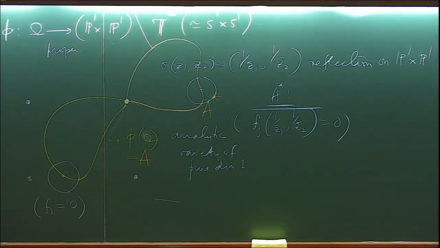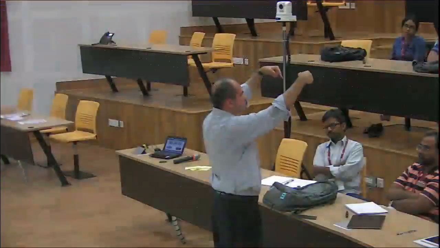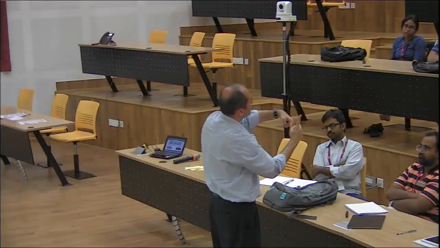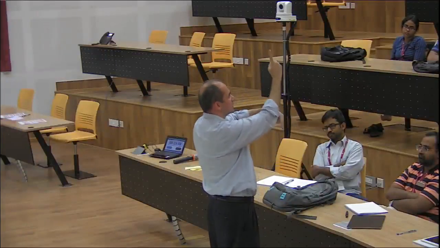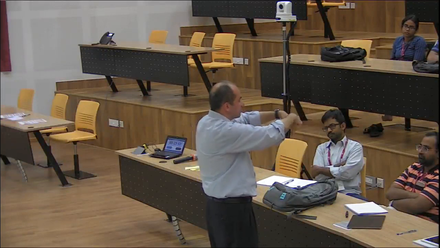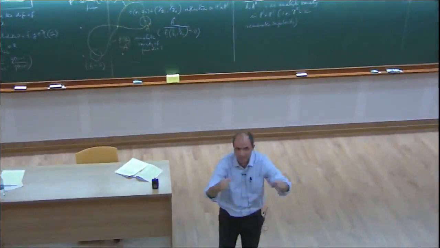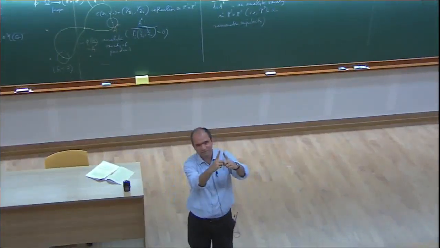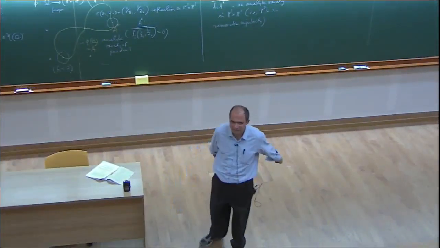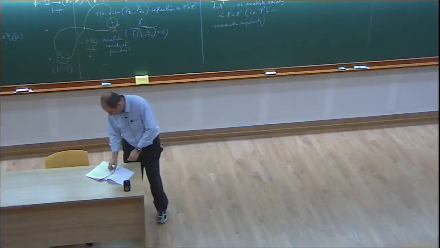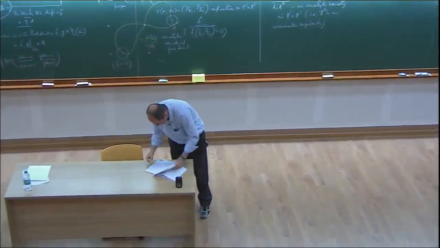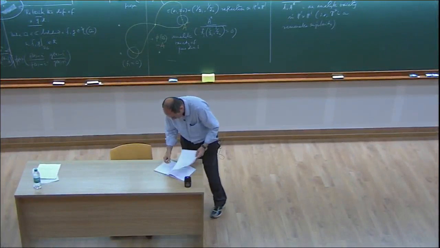This is one possibility. Or you can have two things that come together like this and give you only one half of a complex line there. This is what happens. The other things are regular points. These are the only singularities. You can't have this. Can't have that.